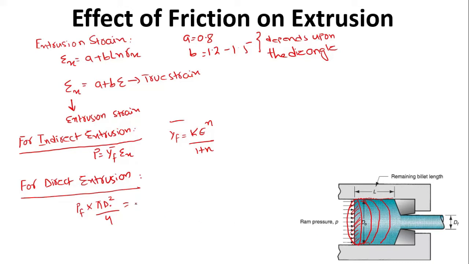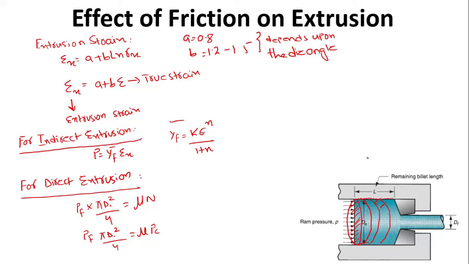So the friction force, as we know, is equal to mu, the friction coefficient, times the normal reaction. So we have the pressure we are exerting to overcome that friction effect equal to the friction coefficient times, and what is the normal reaction here? That is the direct pressure at the billet container surface interface, along this whole circumference for this whole length.